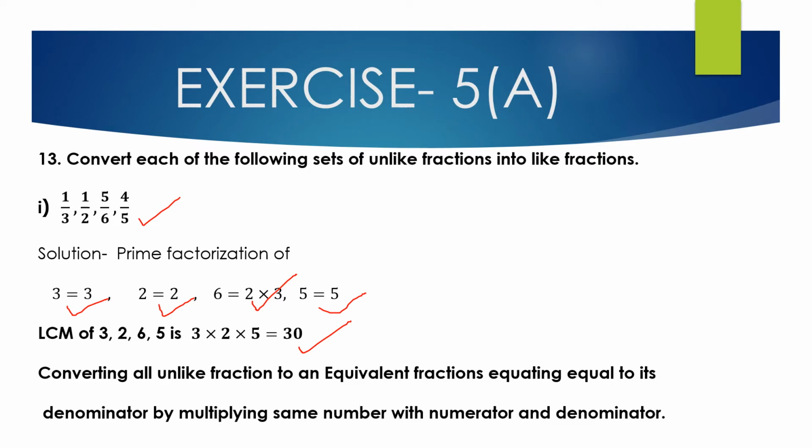Here the first fraction is 1 divided by 3, the denominator is 3, and we found the LCM is 30. We know 3 multiplied with 10 is 30. So we multiply the number 10 in the numerator and denominator both. We get the like fraction, that is equal to the LCM 30.